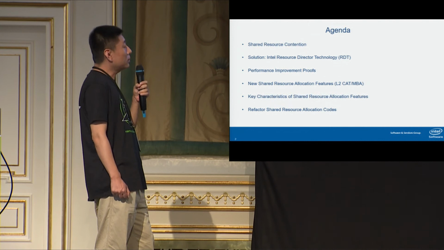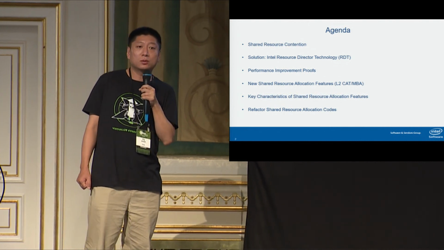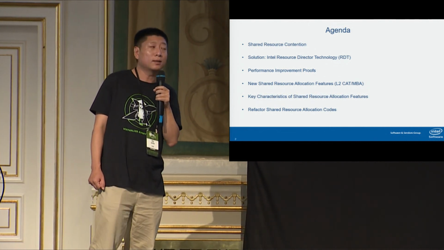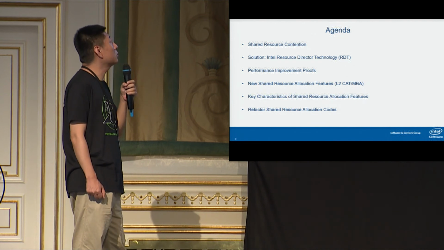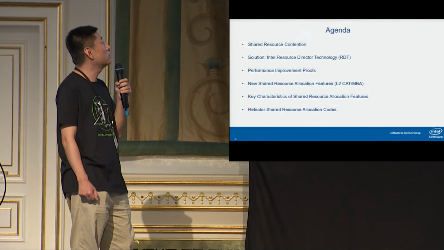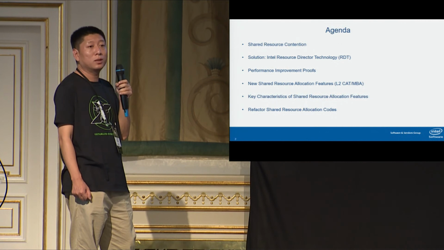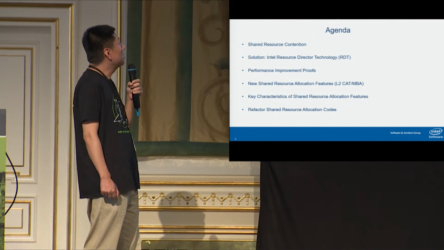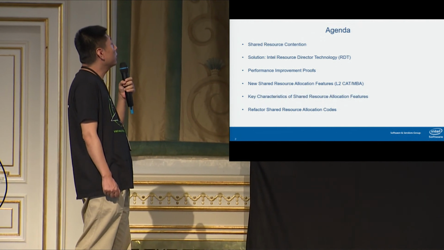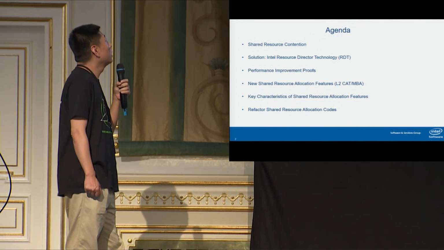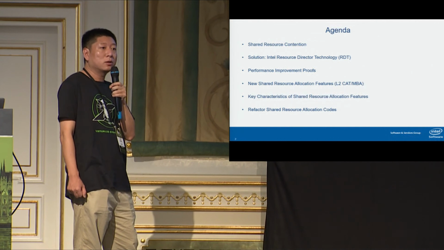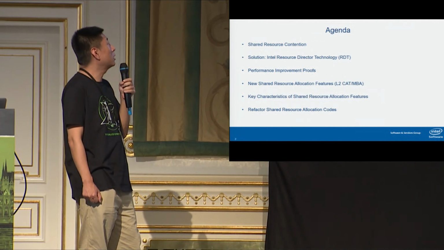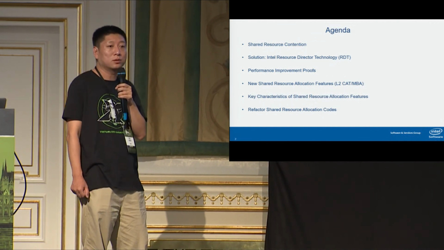Next, I'd like to introduce some new Intel RDT features, which are L2 cache allocation technology and memory bandwidth allocation. Last is a brief overview of the Zhang refactor based on the key characteristics of the shared resource allocation features.